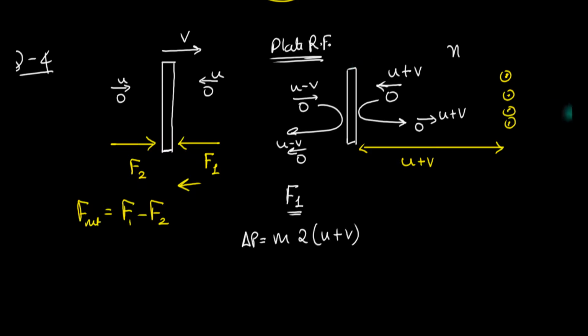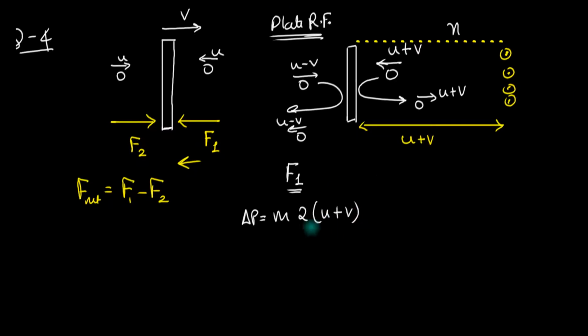So if I were to consider a 3-dimensional box, a box which has a length of u plus v, then all the molecules within that particular box will hit this guy in 1 second. And for that reason, I can now say that the total change in momentum in 1 second, delta p in 1 second, has to be equal to all the number of molecules that come and hit him.